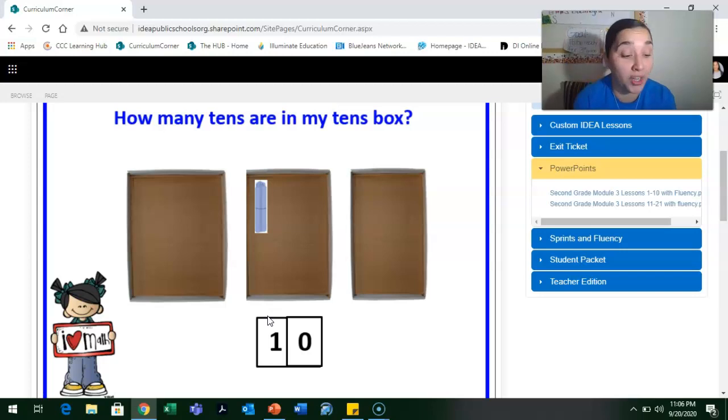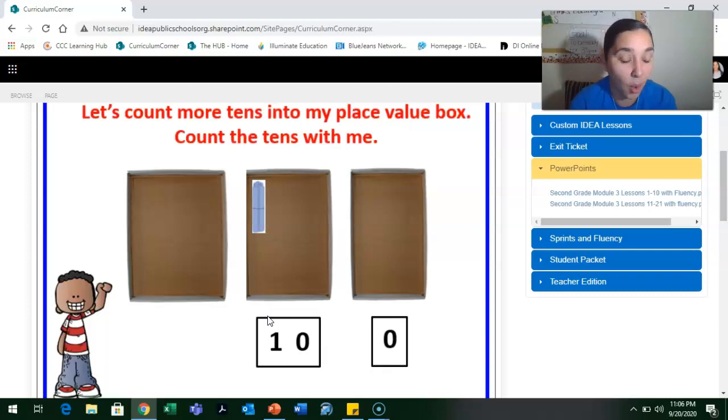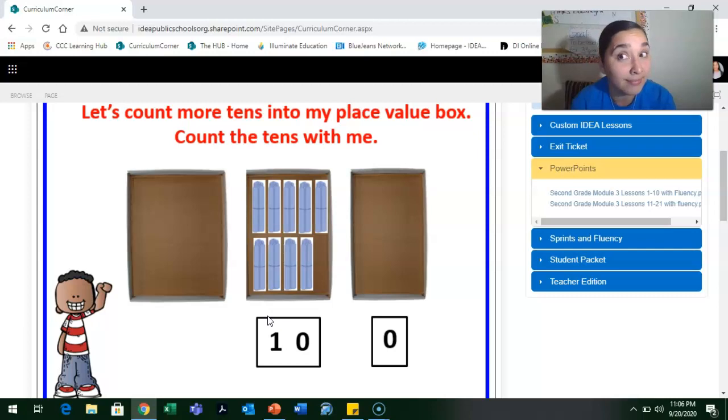Now let's count more tens into my place value box. Count the tens with me. 1 ten, 2 tens, 3 tens, 4 tens, 5 tens, 6 tens, 7 tens, 8 tens, 9 tens.